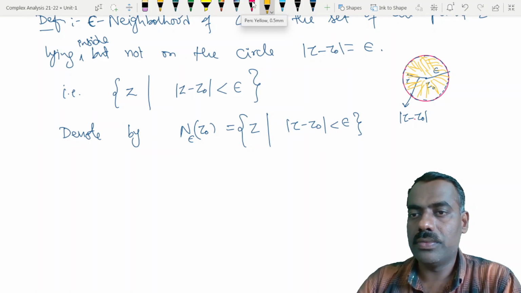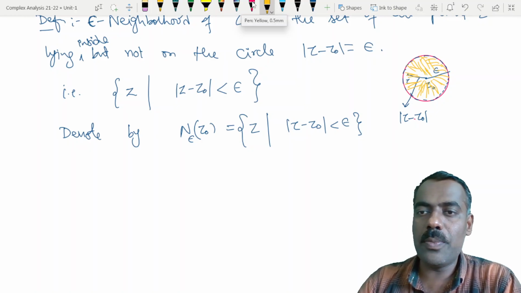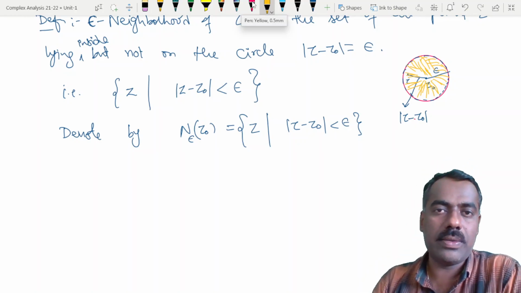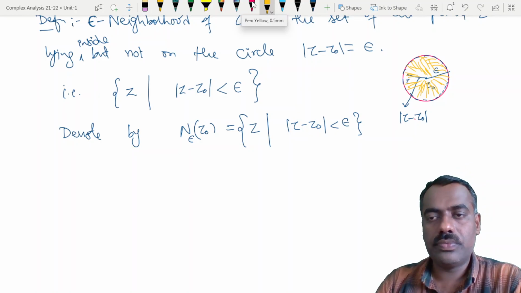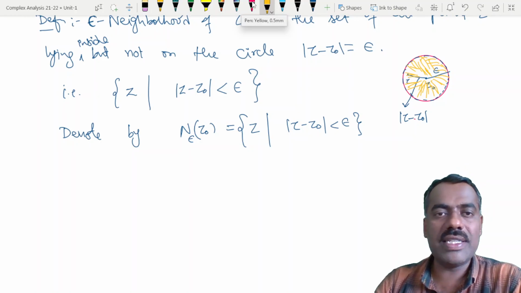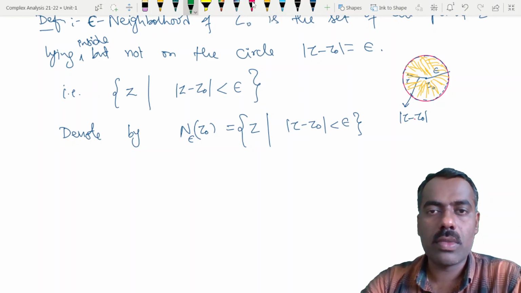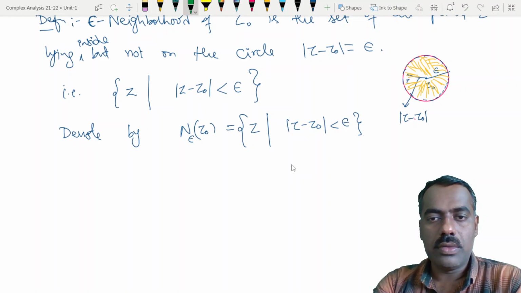If you take any point on the circle, it won't be included because its value is exactly mod z minus z naught equal to epsilon. So you can call this a disk. Clear? Any problem? No, sir.